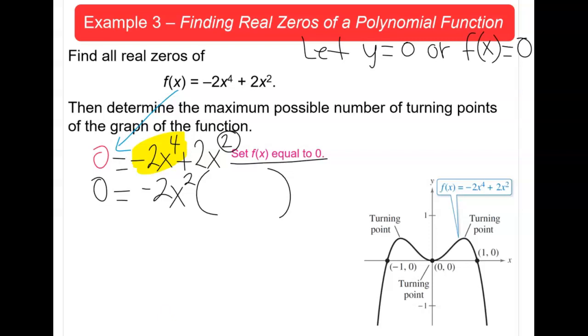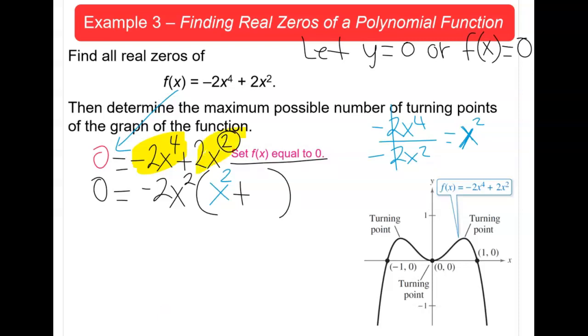And it's like we have something like this. Negative 2x to the fourth divided by negative 2x to the second power is going to be x to the second power. Then we're going to factor the same from here.